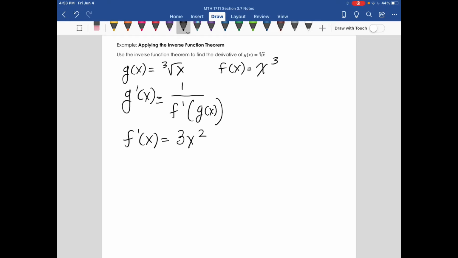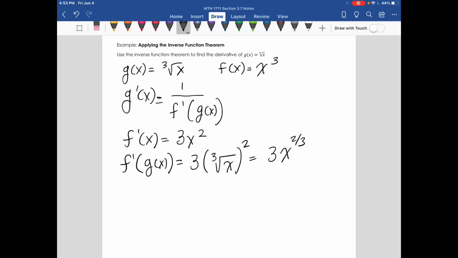So I have to find the derivative of f of x, plug in g of x, and then take the reciprocal. So the derivative of f of x is 3x squared. Now when I plug in g of x, I get 3, and then in parentheses I replace it with the cube root of x, and then squared, which is the same thing as saying 3 times x to the 2/3.